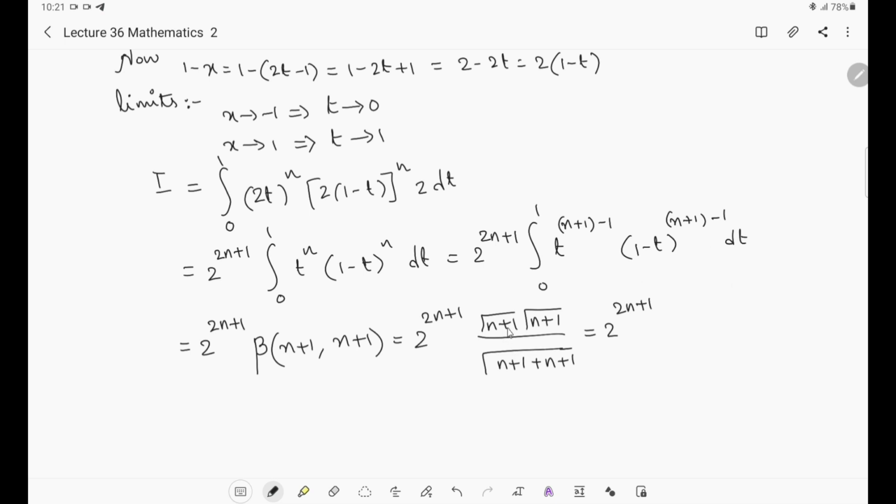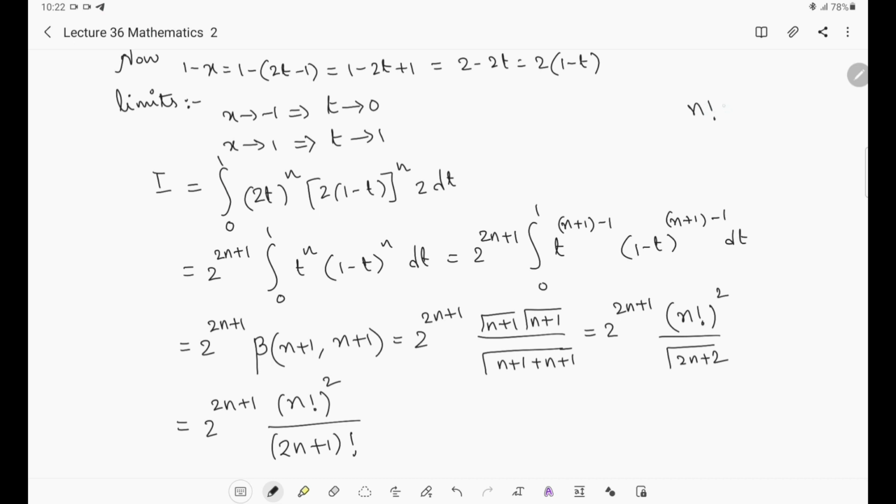Here we get one n factorial, and here one more n factorial, so n factorial whole square. This is divided by gamma 2n plus 2. So finally 2 power 2n plus 1 times n factorial whole square divided by gamma 2n plus 2, which can be written as (2n plus 1) factorial.